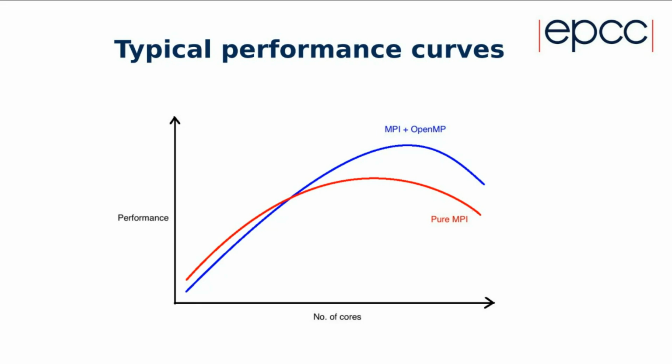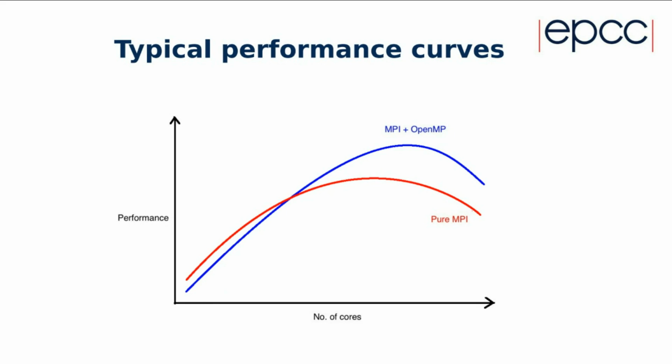What I'm plotting here is an imaginary plot, where high is good. The red line is perhaps illustrative of what you would get from a typical MPI code. To begin with, it starts off scaling well, almost linearly, but then eventually the scalability diminishes, reaches a maximum somewhere, and then going beyond that, the performance will start to decline as the overheads of parallelism start to dominate.